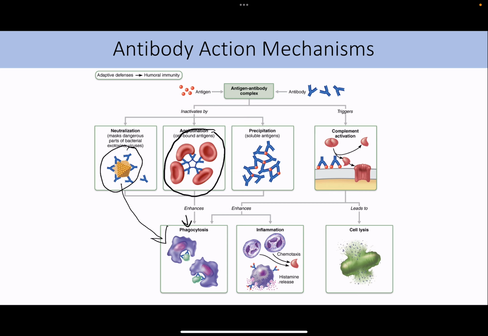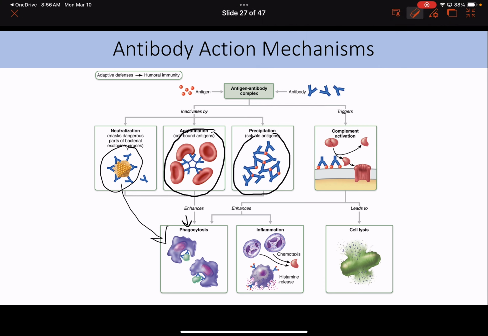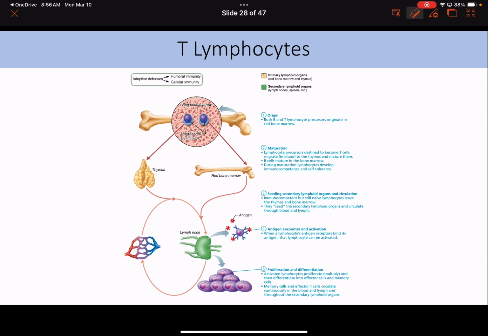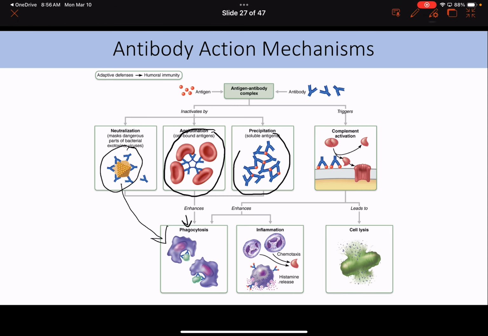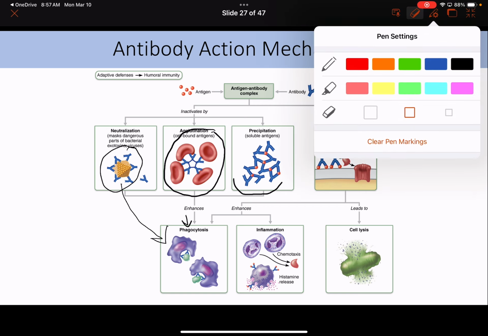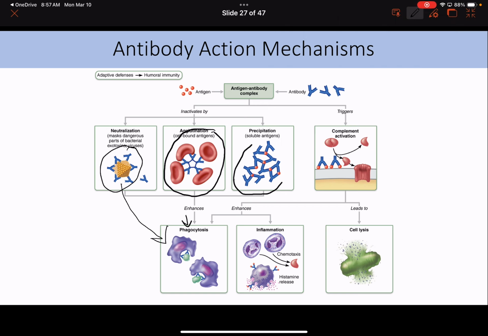The second to last one is precipitation. This is for soluble antigens. And I'll erase this so you can see the word soluble. We'll go back. So precipitation is only for soluble antigens, which are those that are dissolved in the blood.